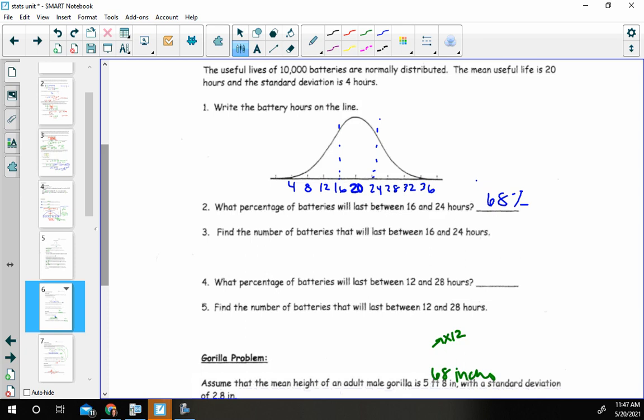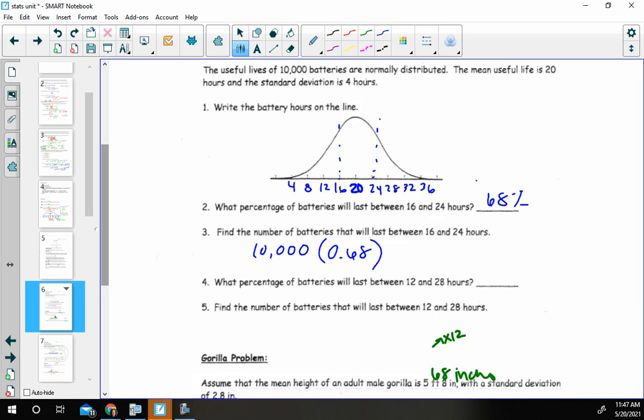Okay, so it says find the number of batteries that are actually between that. How many batteries are there? 10,000. And then we will multiply that times 68%. Remember, our calculator doesn't recognize percentages, so make sure you put it back into decimal. And that will tell you how many total batteries are actually within that first standard deviation. So those are all going to be a lot more clustered together in their times.